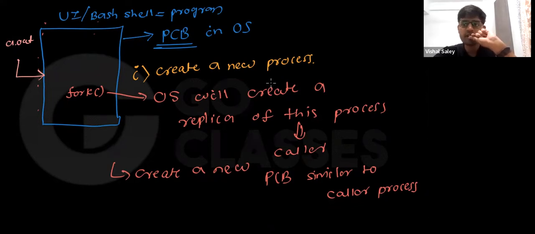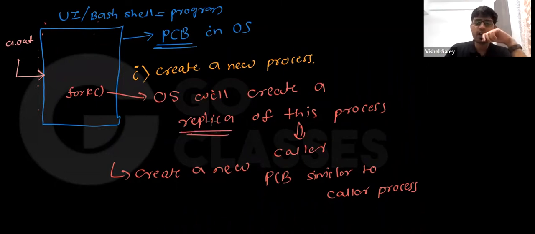Whenever it initiates a fork system call, the operating system will create a new process whose PCB will be very, very similar to the caller process, which is UI in this case. The new process that it creates is an exact replica of whatever is going on here. There are a few differences. I will get to that.